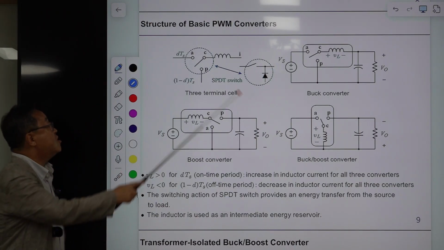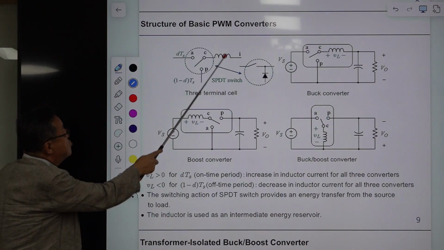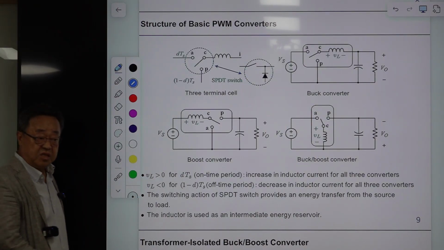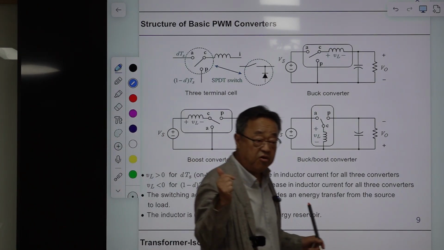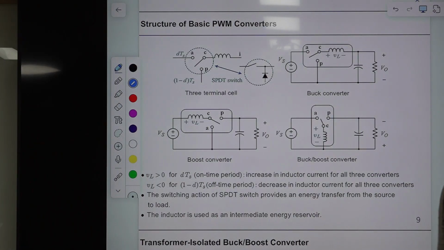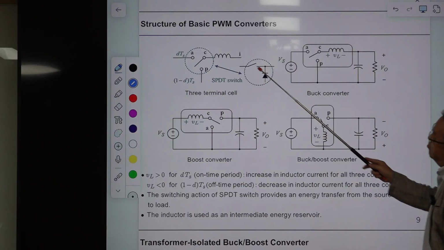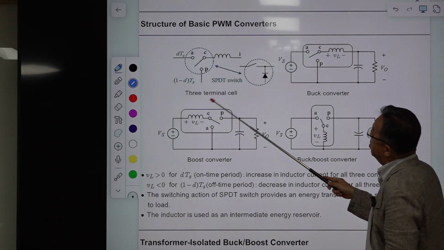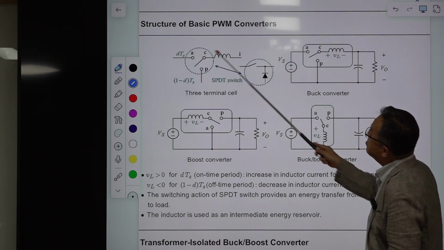So this current should be continuous because it is passing through the inductor. If the inductor current is abruptly disconnected, disaster will occur. This is the structure, and I call it the three-terminal cell.